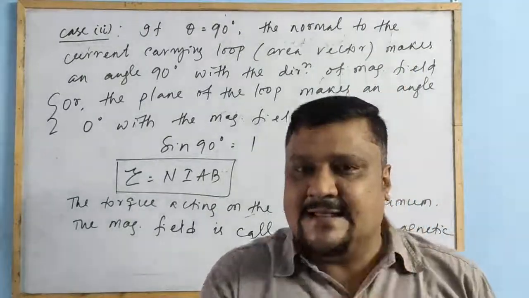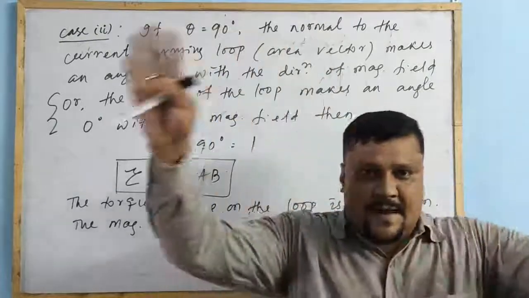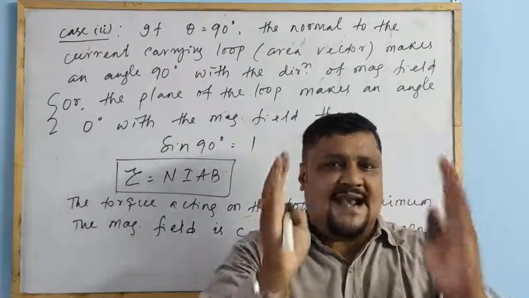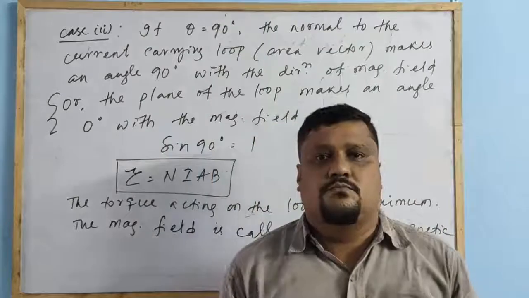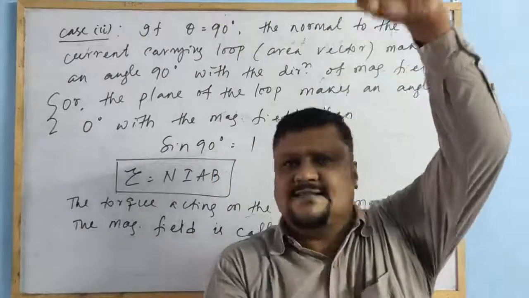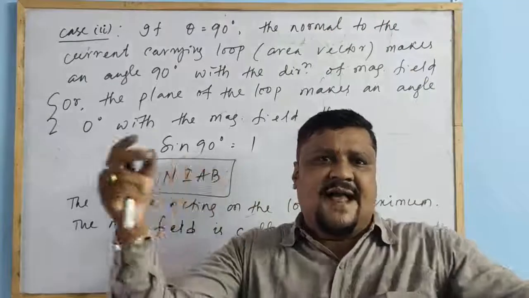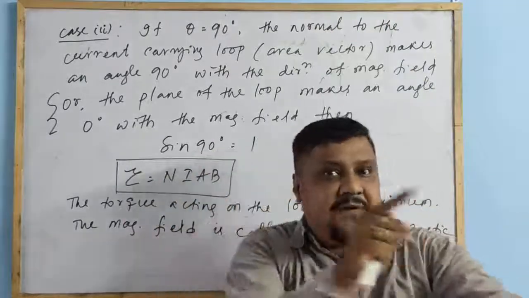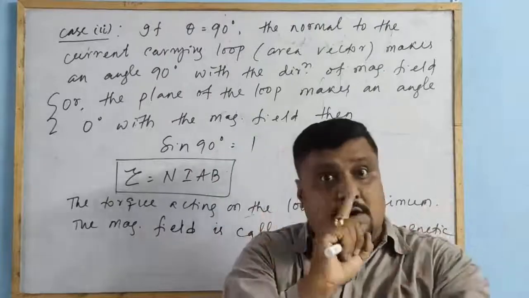Okay. Another thing to remember: if I combine all these things, what is the net force on the loop? F3 and F4 cancel each other. The other two forces are also opposite, but they have different lines of action, which gives torque.